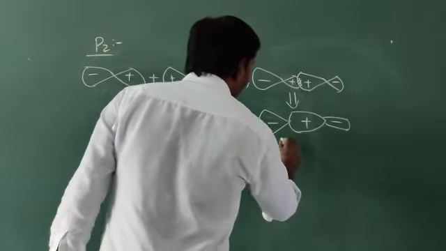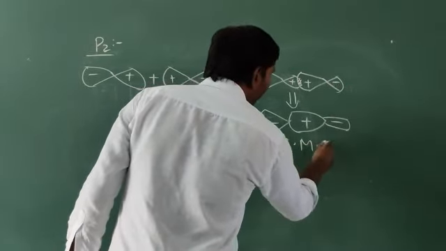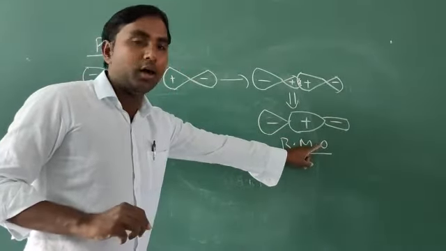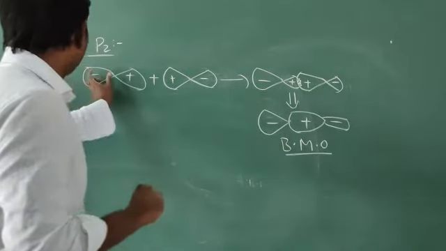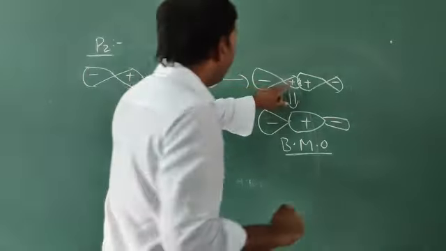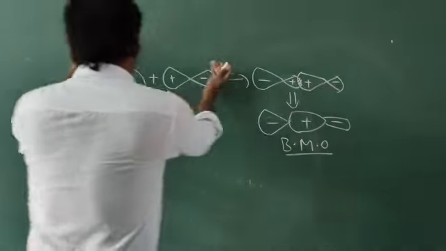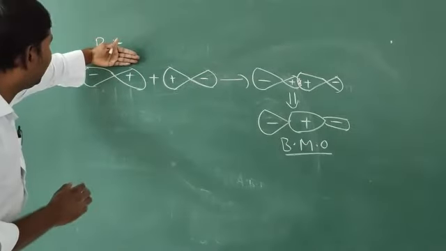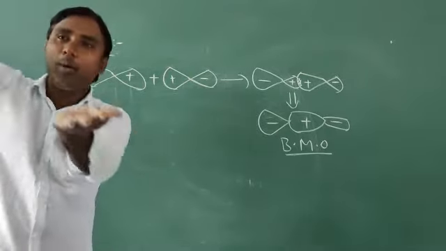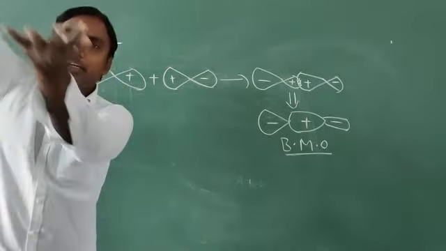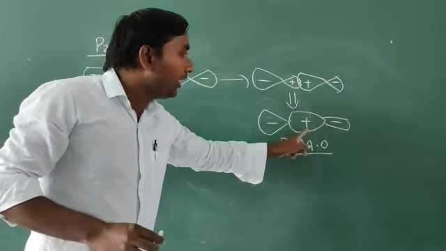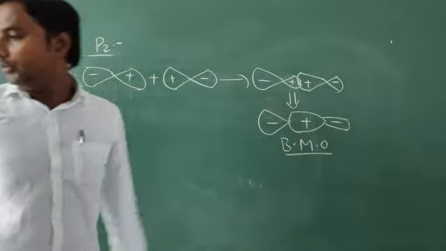This is the bonding molecular orbital of Pz. Minus, plus; reverse, plus, minus. This is one atomic orbital and this is the second atomic orbital. One atomic orbital overlaps with the other like that, forming bonding molecular orbitals.